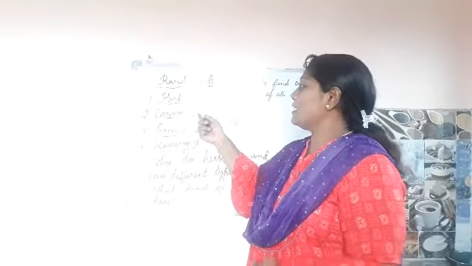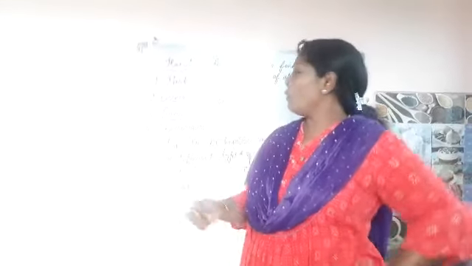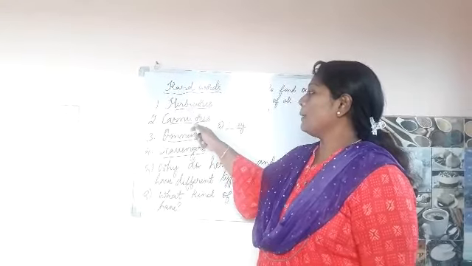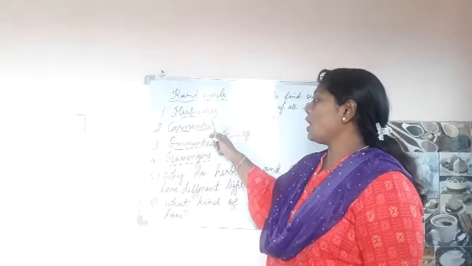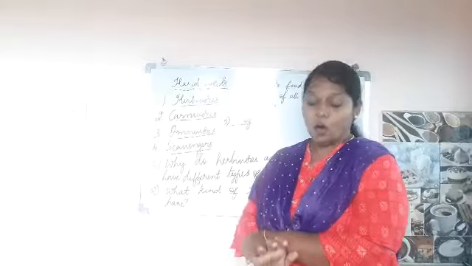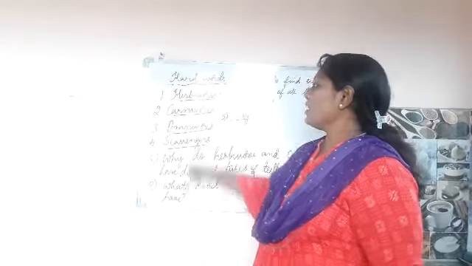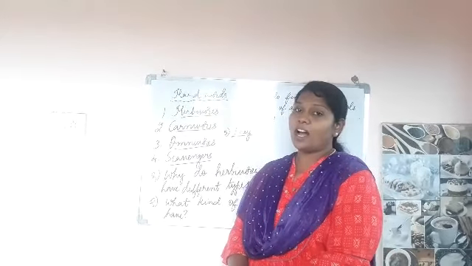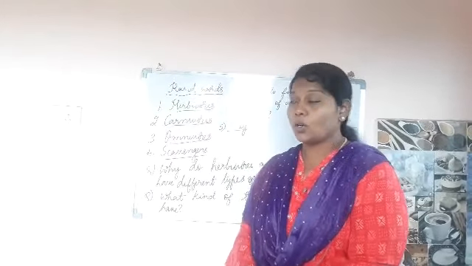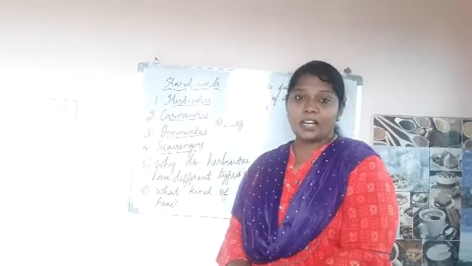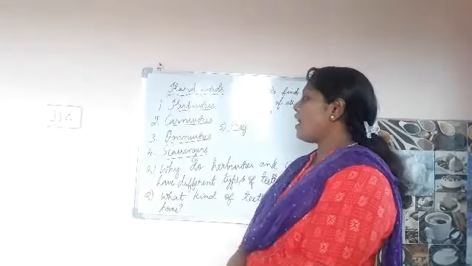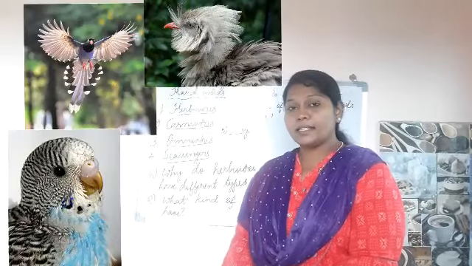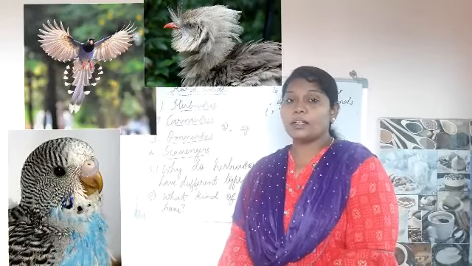So the first word is herbivores. What is the spelling of herbivores, children? H-E-R-B-I-V-O-R-E-S. Herbivores. Repeat it, children. Next one. Carnivores.